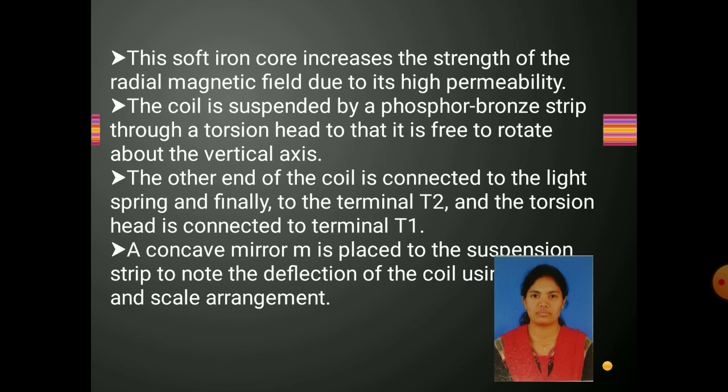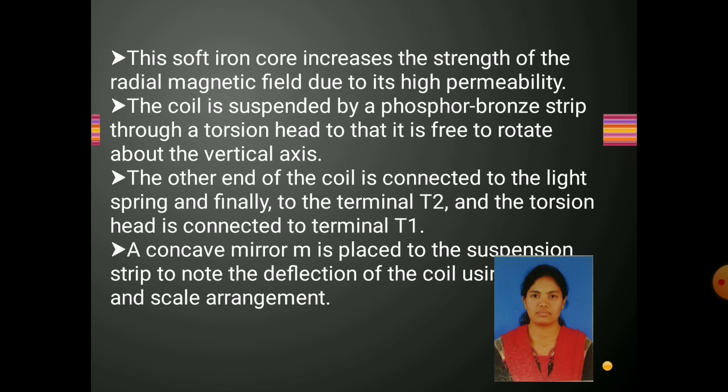The coil is suspended by a phosphor bronze strip through a torsion head. With the help of this, it is free to rotate about the vertical axis. The other end of the coil is connected to a light spring, and finally to the terminal T2, and the torsion head is connected to terminal T1.